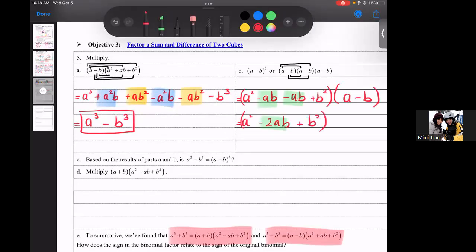And then again, bring along that a minus b. I'm done with the binomial. Now I continue. A squared times a, or a times a squared, doesn't matter, is a cubed. A squared times b, minus ab, I'm sorry, minus a squared b.